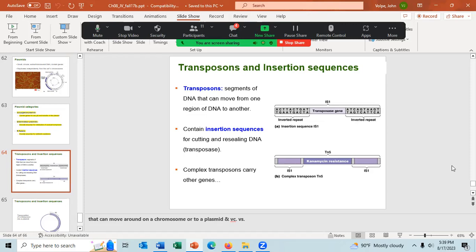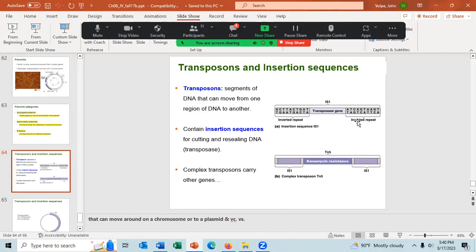A transposon always includes the transposase gene and then inverted repeats. The transposase gene actually helps the cell cut out the DNA so the transposon can be excised from this region of the DNA, and it also helps anneal the DNA back together.